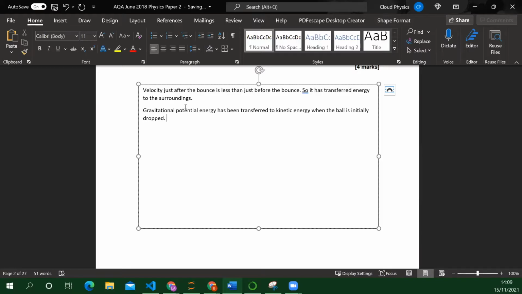Then when the ball bounces, we're talking about just after it bounced, kinetic energy is transferred back really. Kinetic energy is again transferred to gravitational potential energy, and some energy is lost to surroundings.